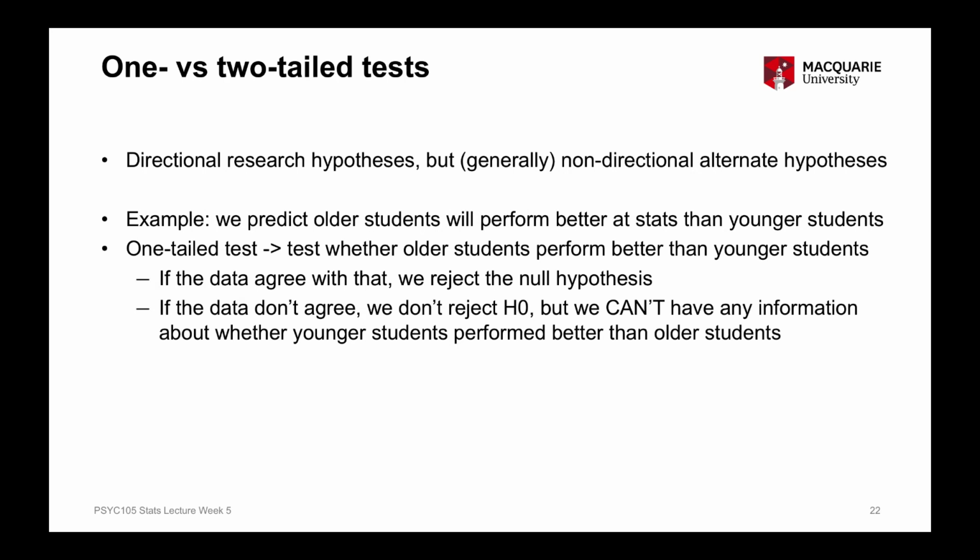But if the data don't agree with that statement, we can't reject our null hypothesis, H0, but we also don't have any information about whether younger students can perform better than older students.